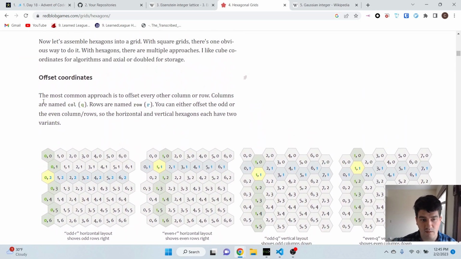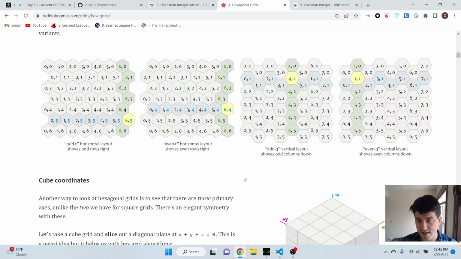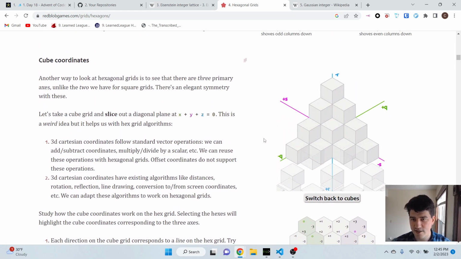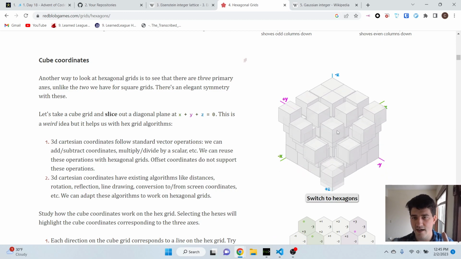But there are 3 different coordinate systems, or 4 different coordinate systems. There's this really cool thing where you can use 3 dimensions. You can think of the hex coordinates as looking vertex-on at a cube. So here's your cube. You look vertex on.